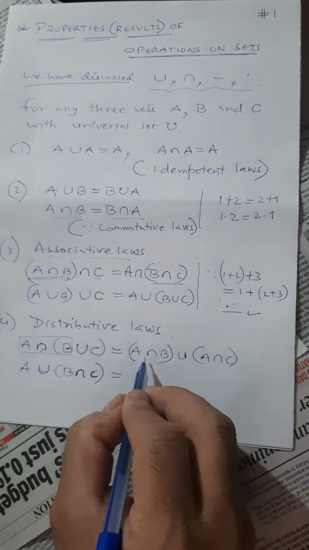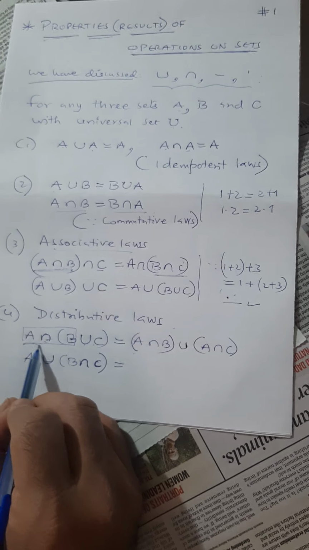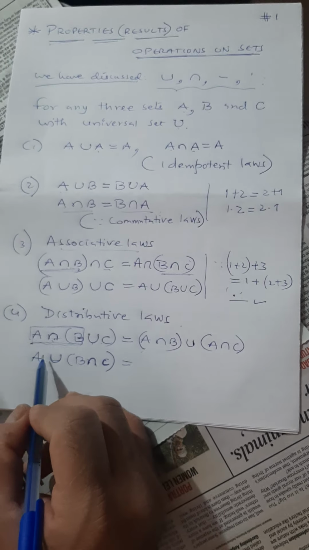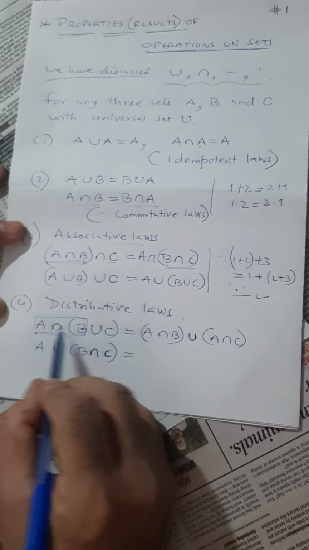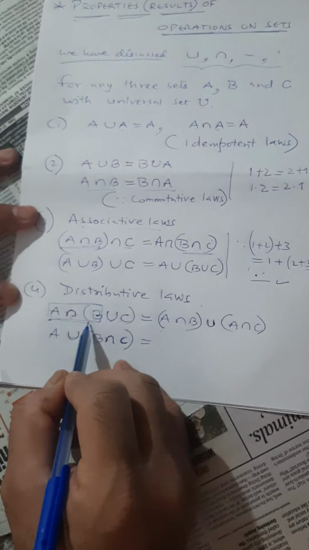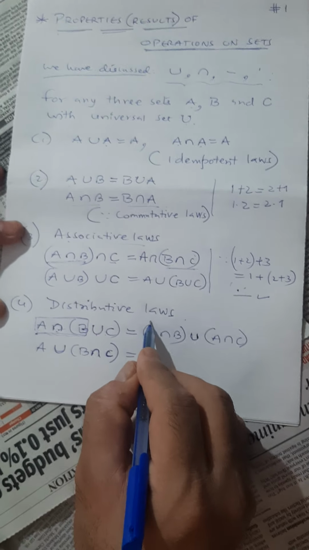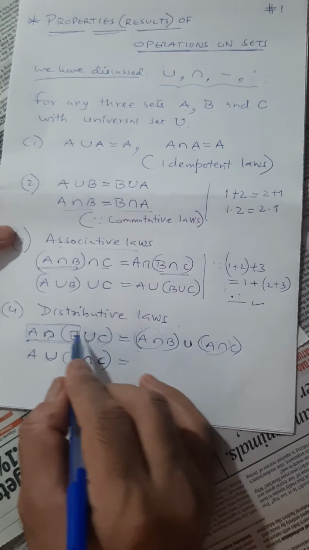Your brackets are important. I repeat, A intersection B union A intersection C. Or if you look at it the other way around, you can take this much common, so we get this.